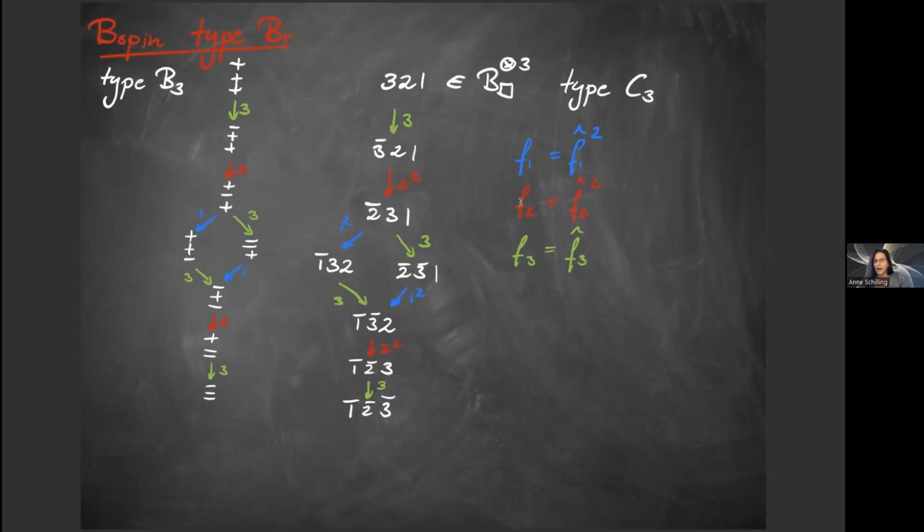And similarly, the F2 is a square, but the F3 is just the F3 operator. Okay, so the 2, 1, 1 in this case will be our multiplicity factors from before. So the takeaway from this is that we can model the B spin crystals basically as type C crystals.